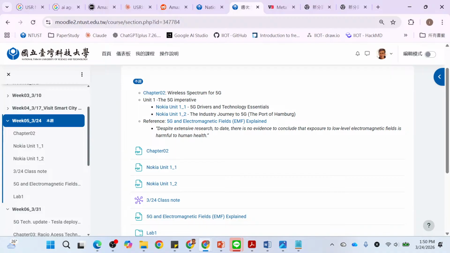So the application extended from 6 gigahertz to 30 gigahertz. So it becomes two categories. The radio wave between 6 gigahertz and 30 gigahertz, we call a centimeter wave. But if it is even higher, we call it a millimeter wave.